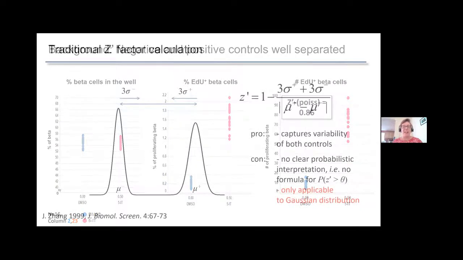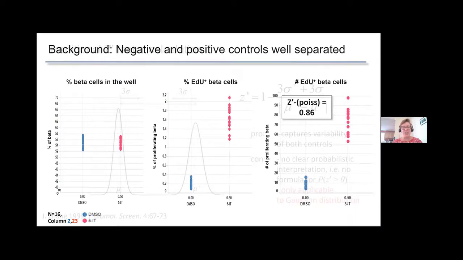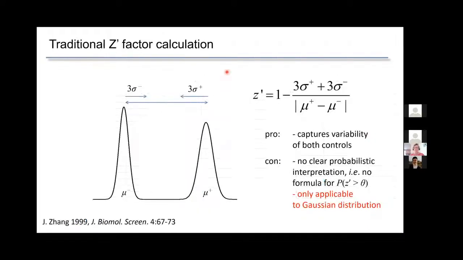Actually, I'm going to talk about it right now. So in high throughput screening, traditionally, over the last 20 years, this idea of a Z prime factor has been raised. And what this tells you, it's not a Z-score. Z-score is for a compound, but a Z prime factor is for the assay as a whole.